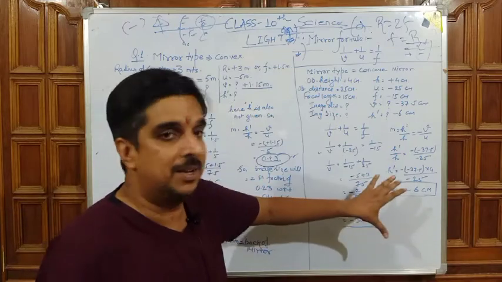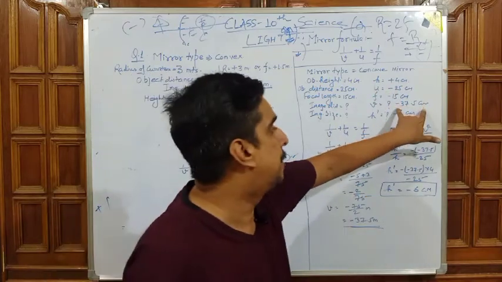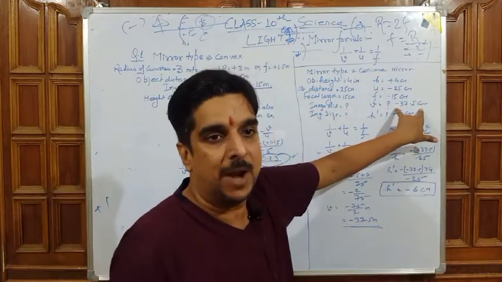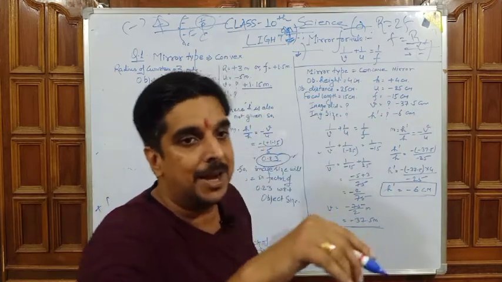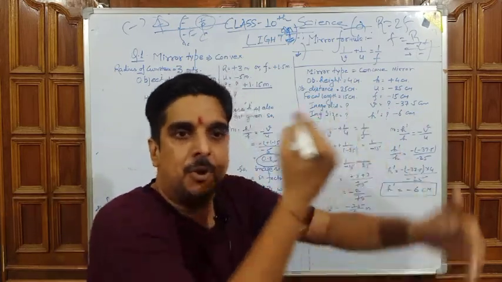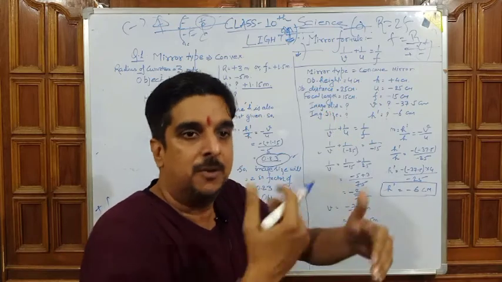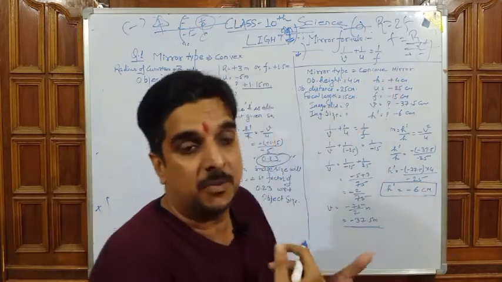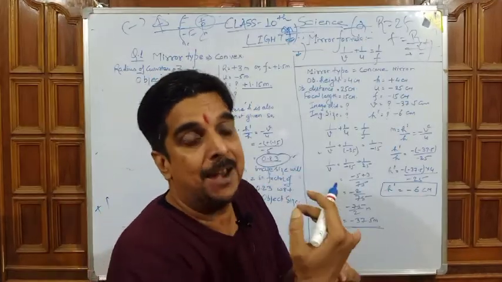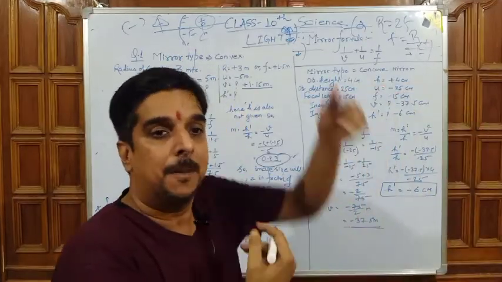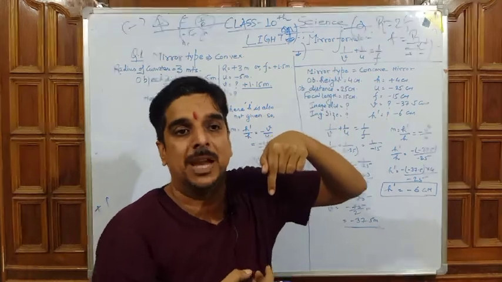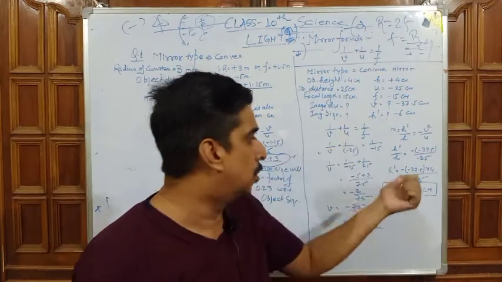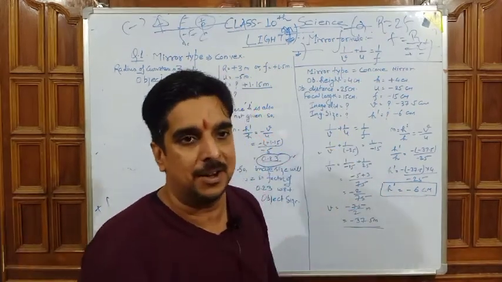So after solving this, we can write at the place of minus 37.5 centimeter, in the bracket, that the image of the object will form in the front of the concave mirror, and the image will be in inverted form. So that's why I wrote minus 6 centimeter.